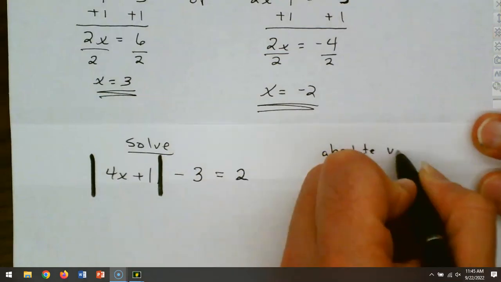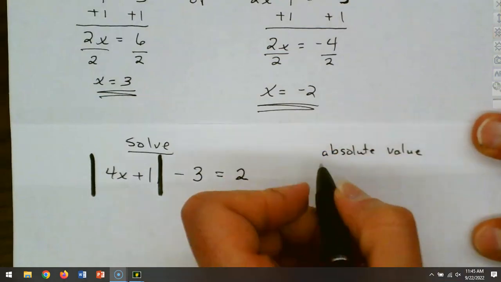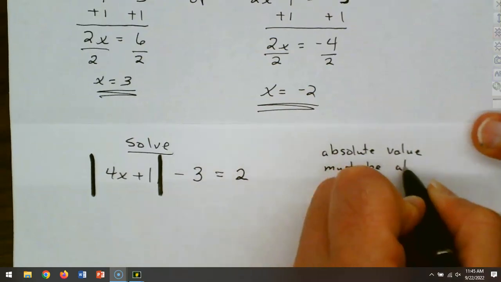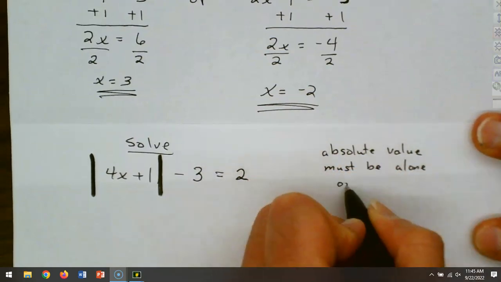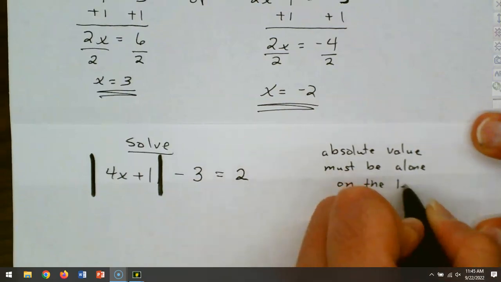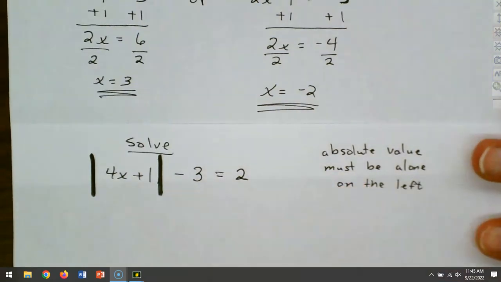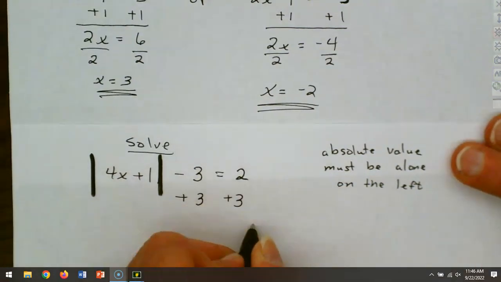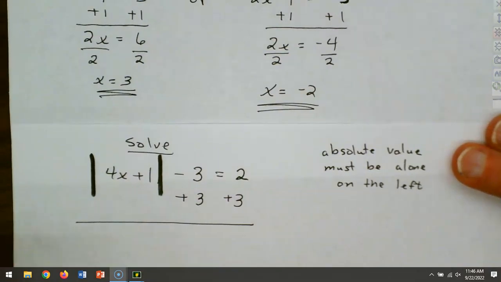So the absolute value must be alone on the left. So what needs to happen to that 3 now? To make the absolute value by itself or alone on the left, we need to move that 3 over before we do anything else. And that gives you the 5.